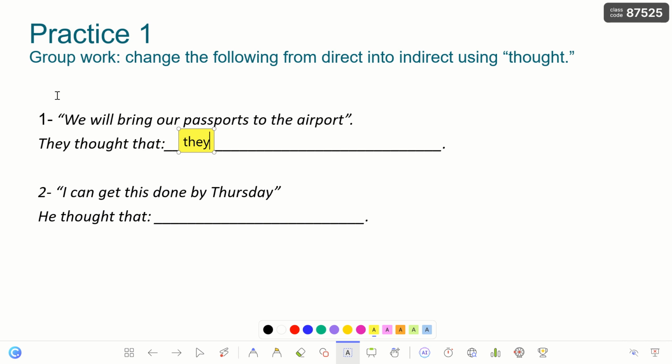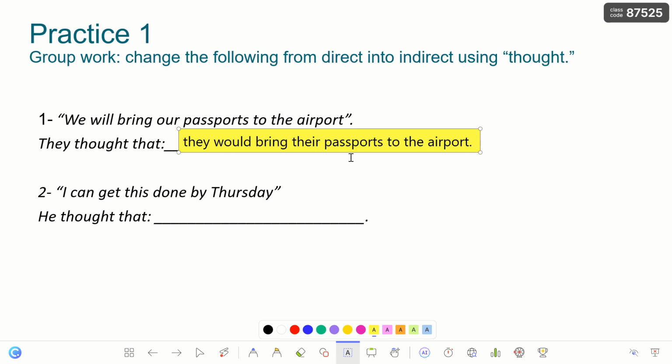They said that we will bring, so now I'm reporting what they thought. So they thought that they would bring, our becomes their, because we change the pronouns, their passports to the airport.